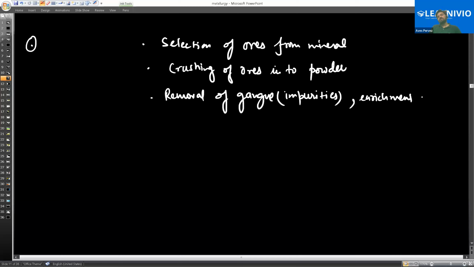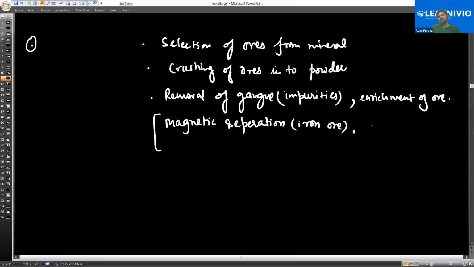Enrichment of ores is done by several steps. We use magnetic separation for iron ore. Then we do hydraulic washing or gravity separation.